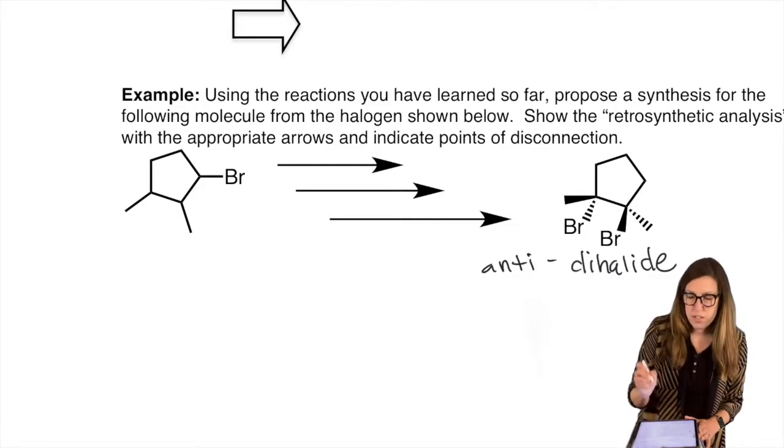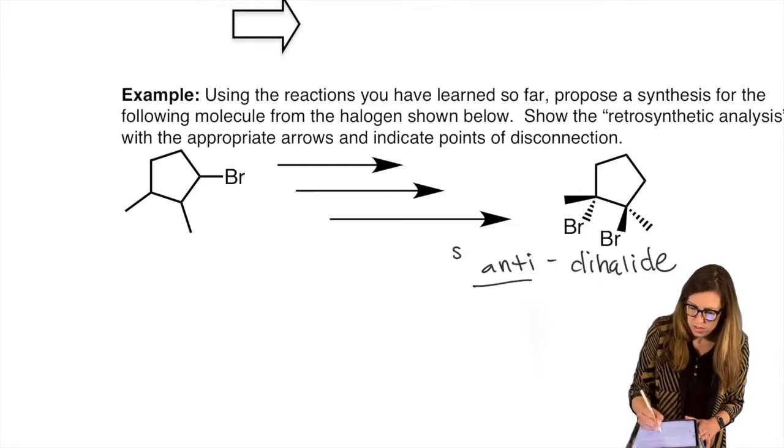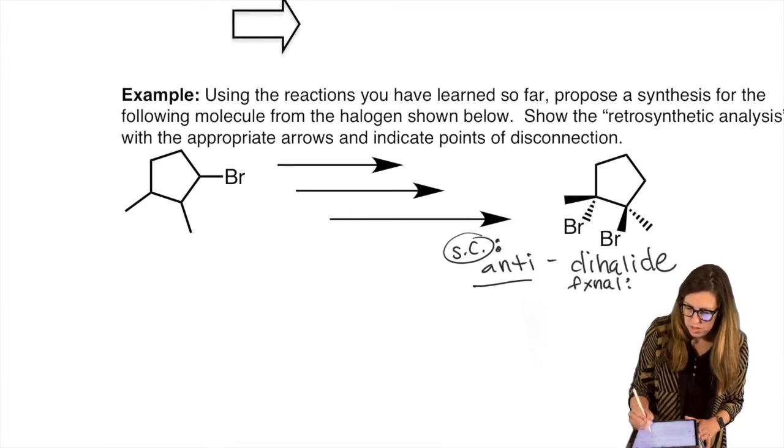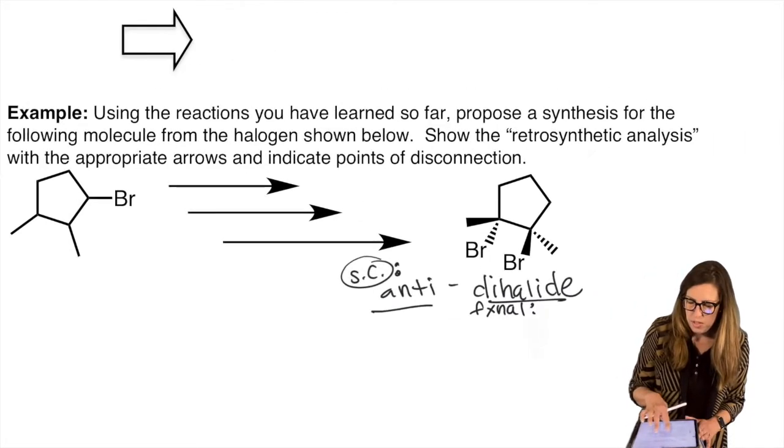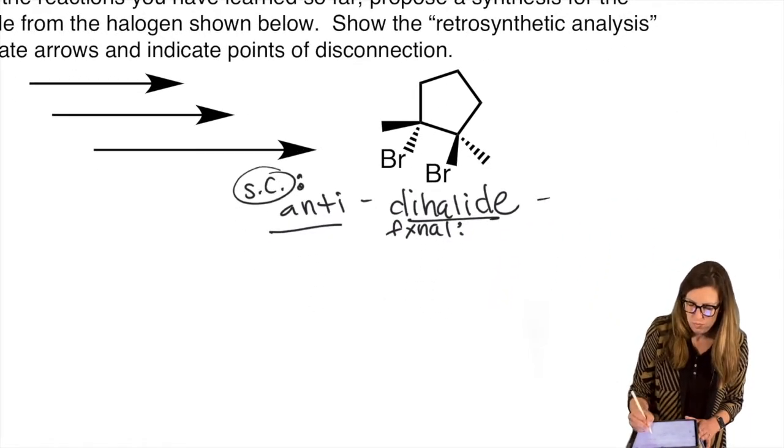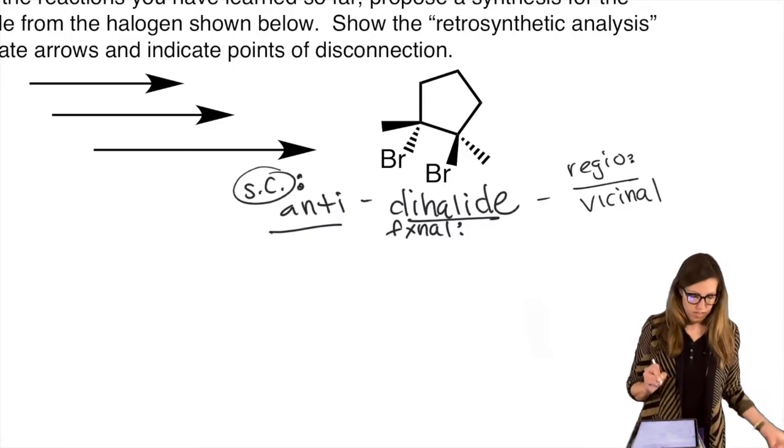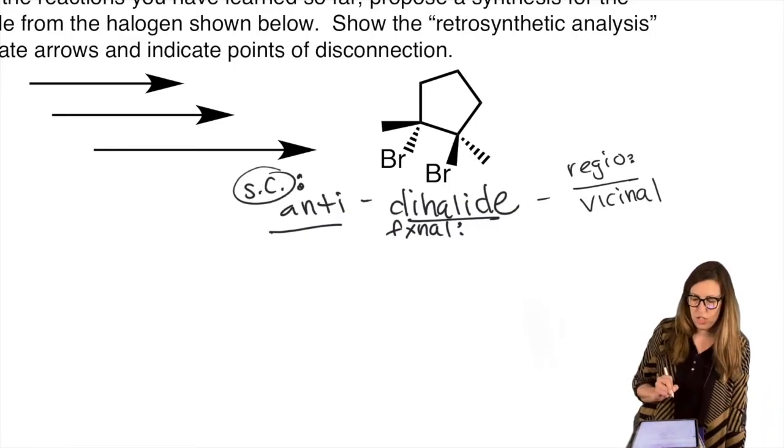That addresses stereochemistry. So I'm looking at stereochemistry is anti. I'm looking at functional group is dihalide. I'm also looking at regio. They're vicinal, right? Or 1,2. I made a vicinal dihalide with anti-relationship.